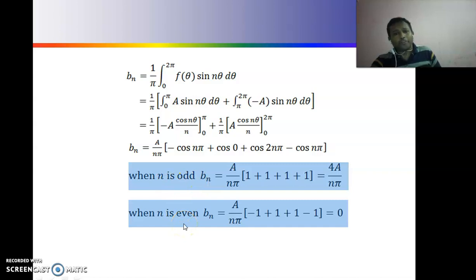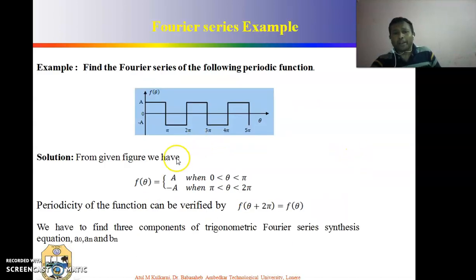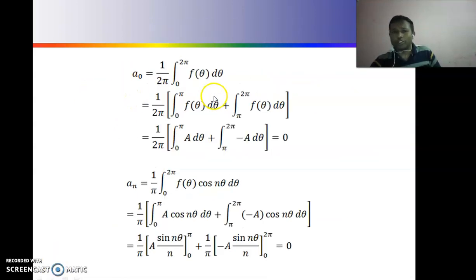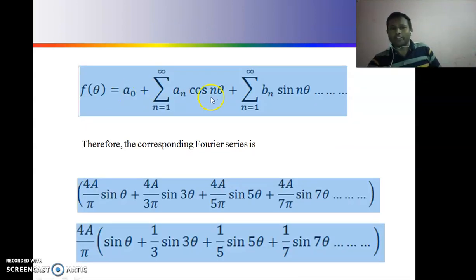So if we put these values in the main Fourier series equation, then the a0 term and the an term, these two terms become 0. Only this term we need to compute further, and we already know that bn is equal to 4a upon n pi.